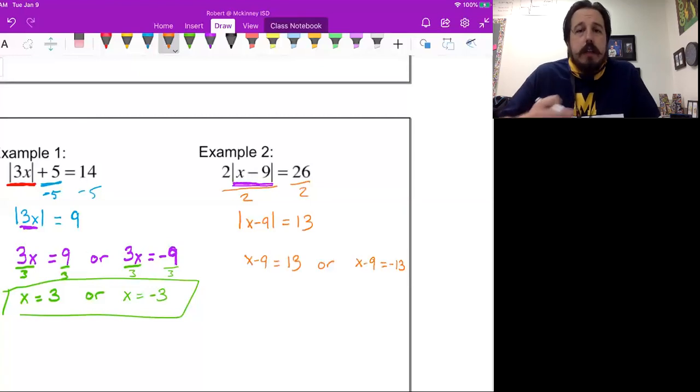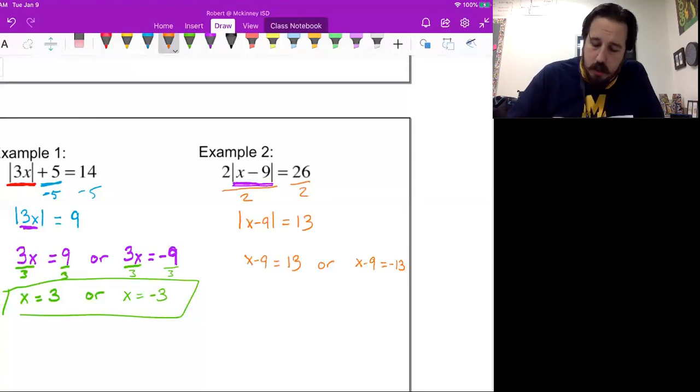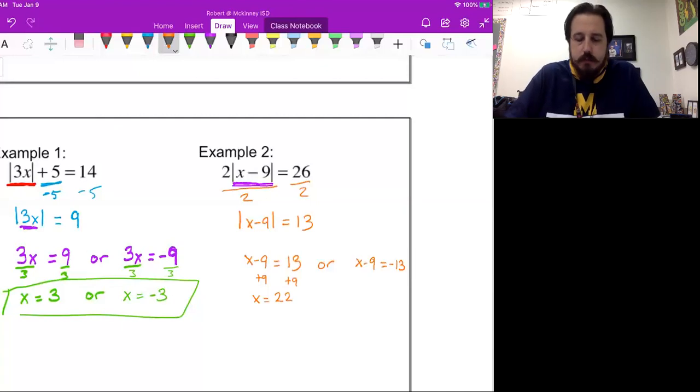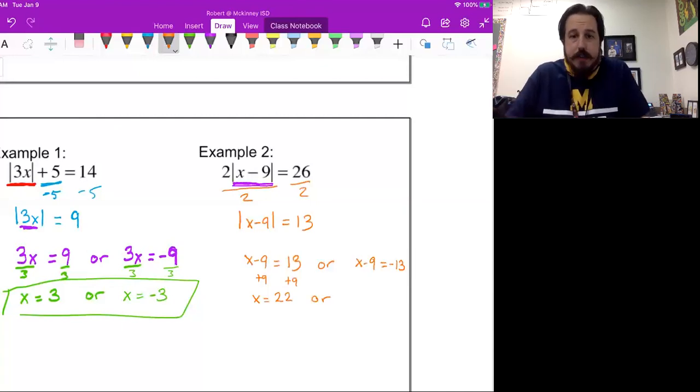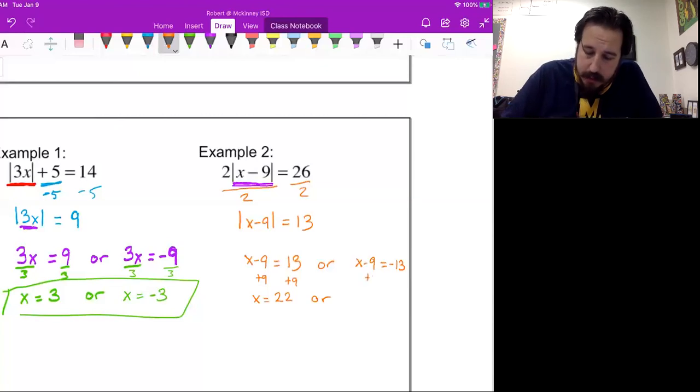And now I solve each of these independently. For this one, I add 9 to both sides, and I get x equals 22. Or when I look at the other side, I add 9 here to both sides, and I get x equals, what's that?